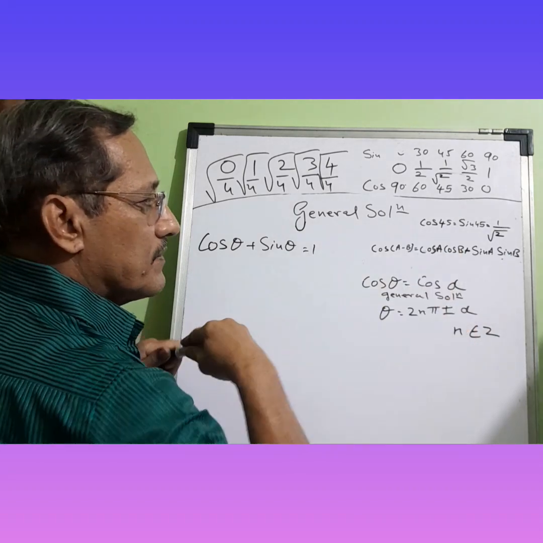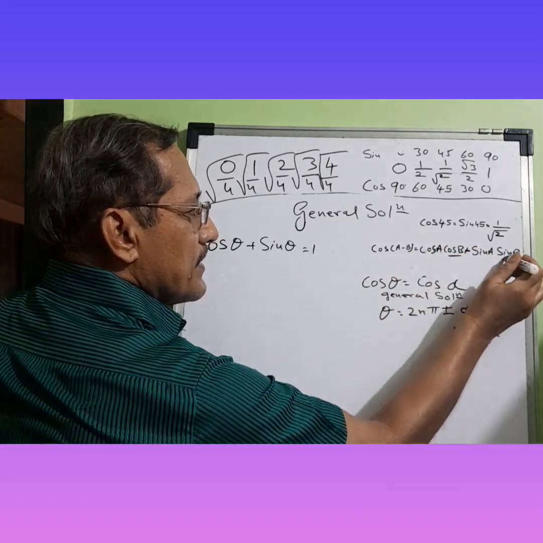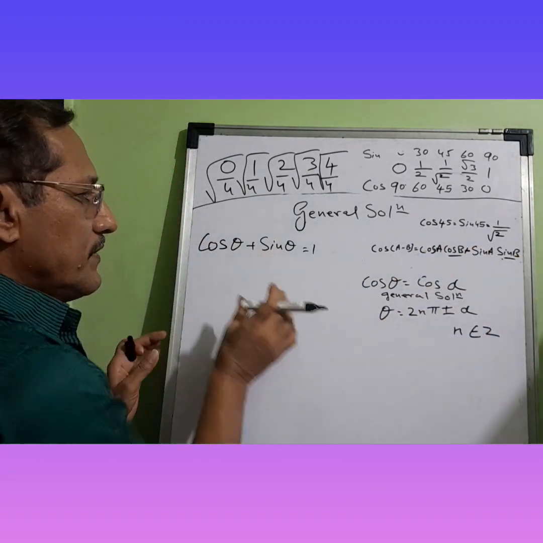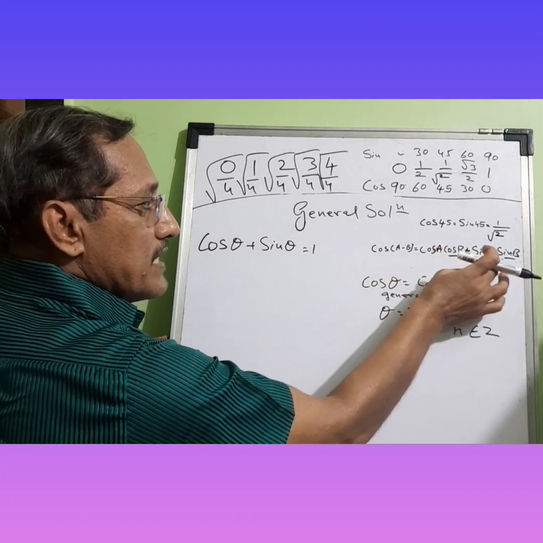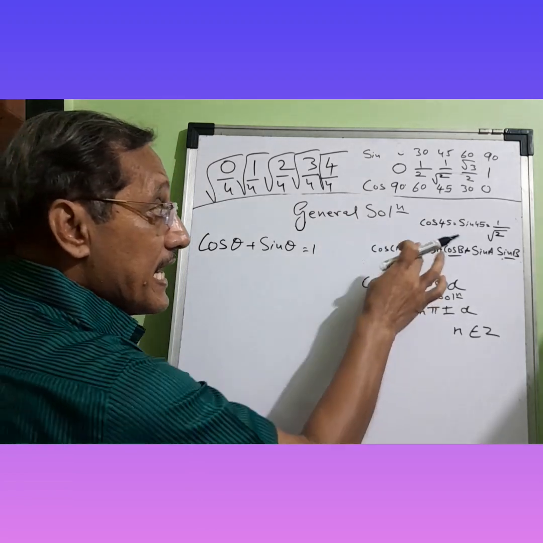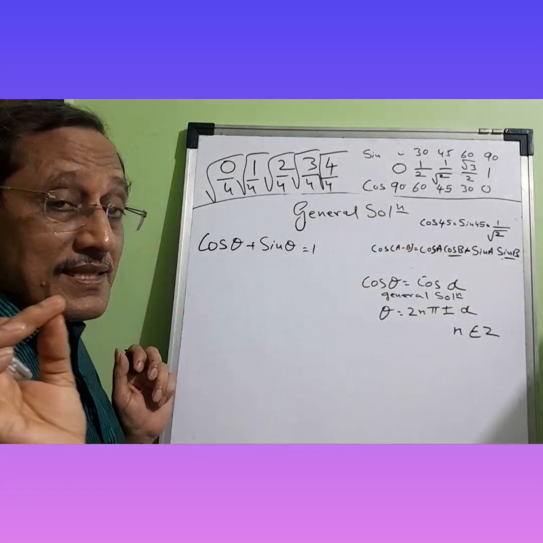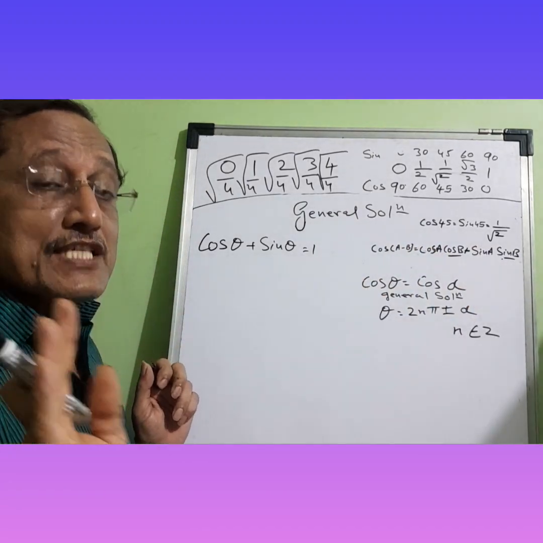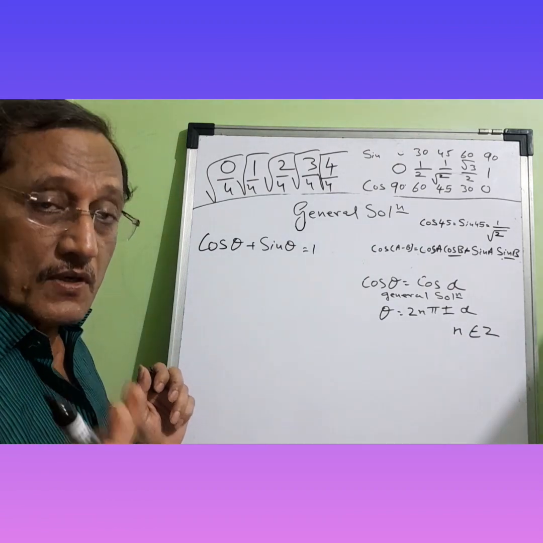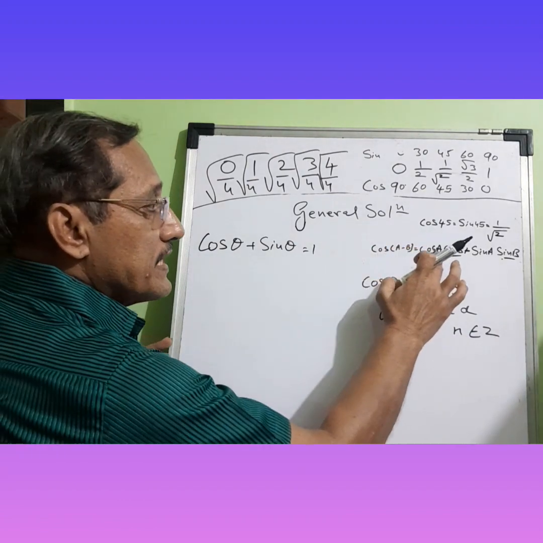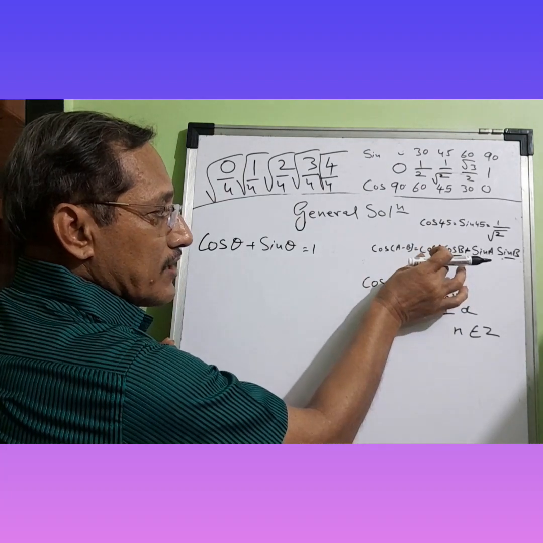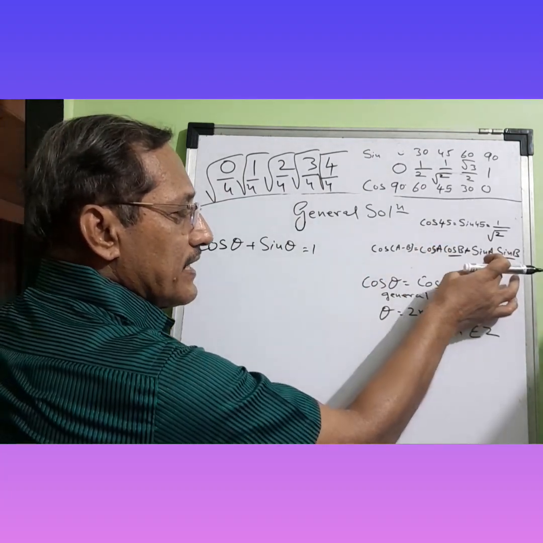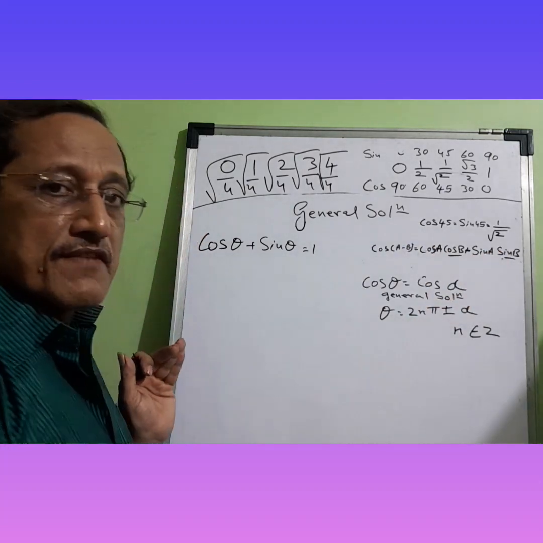We have got to have something which would give cos A and sin A. Mind you, A is that degree which has the same value for cos and sin.